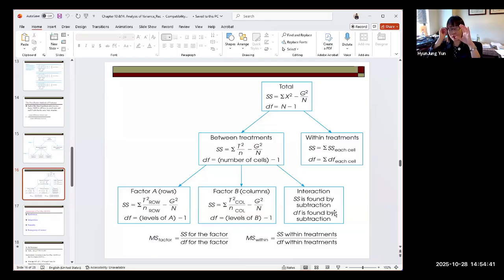Think about the table you will look at: male and female for gender, and Republican, Democrat, and Independent. So we have six cells. How are you going to compare and detect the interaction? You find the overall mean, but you also find each cell mean, like the mean for female Democrat, female Independent, female Republican.